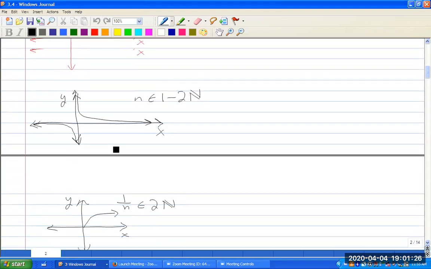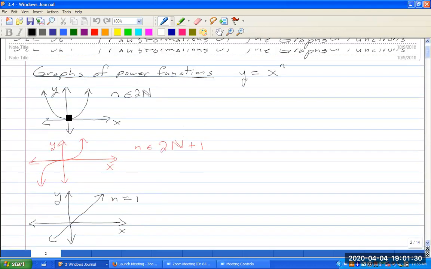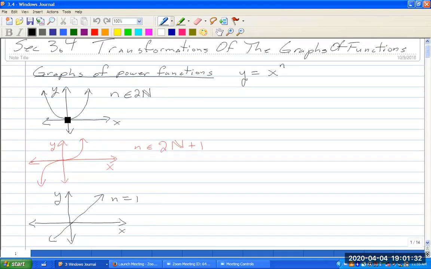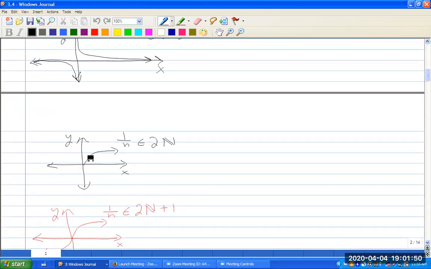Or it looks like half of this turned on its side. So you just take this part, turn it over, basically reflect about the line y equals x. Then you have this graph.